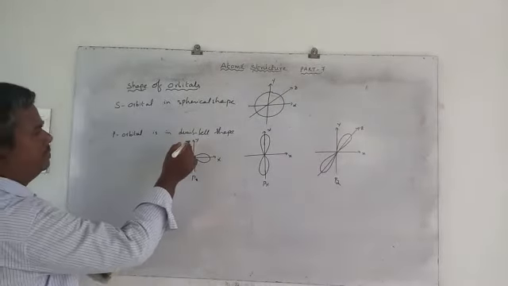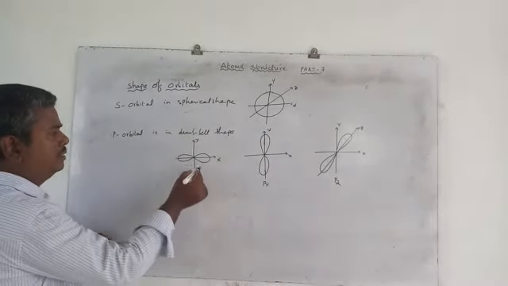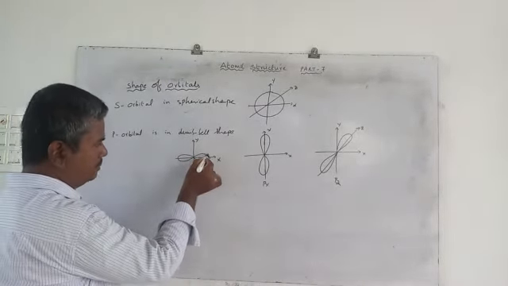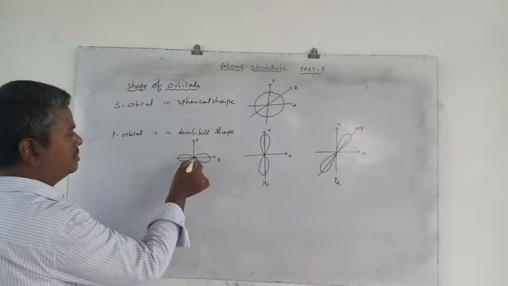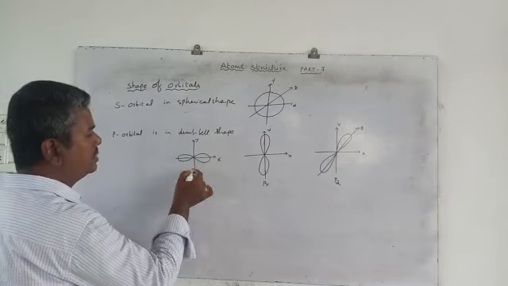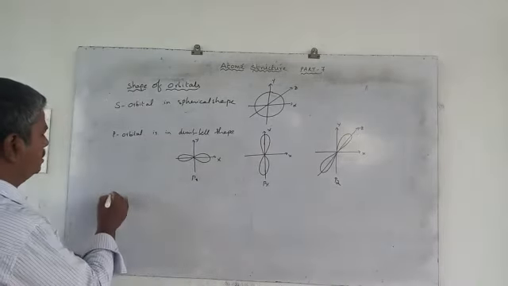This one is px; these are called lobes, and this one is the nucleus. So on the axis the lobes are present here. So this is px, py, and pz.